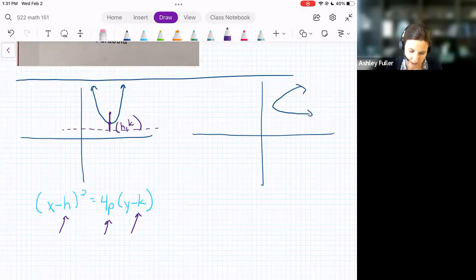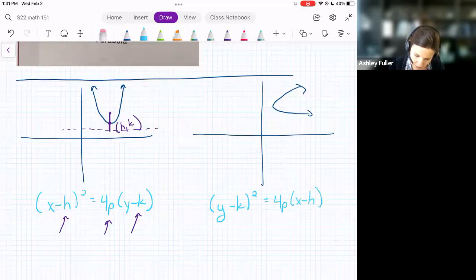Likewise, if we look at a horizontal parabola, the general equation for a horizontal parabola is going to have the y term squared and the x term has the 4p in front of it. Notice that this vertex is still hk.